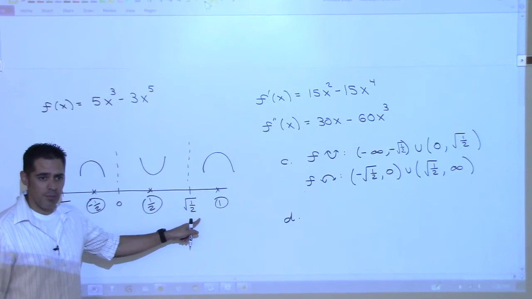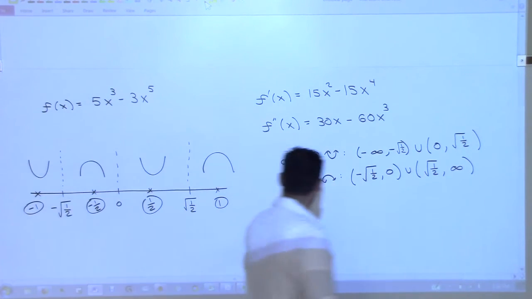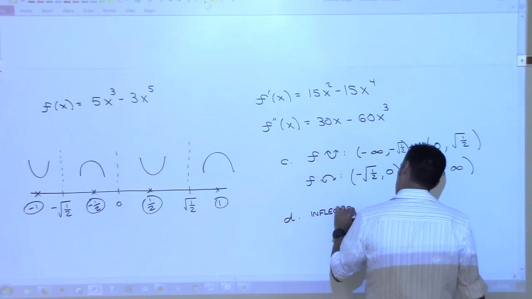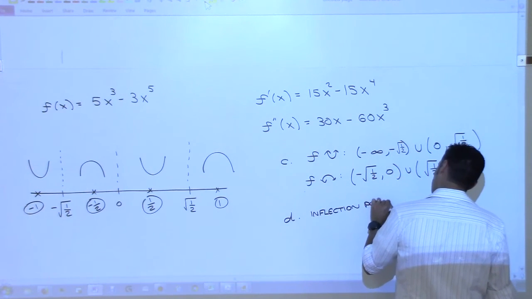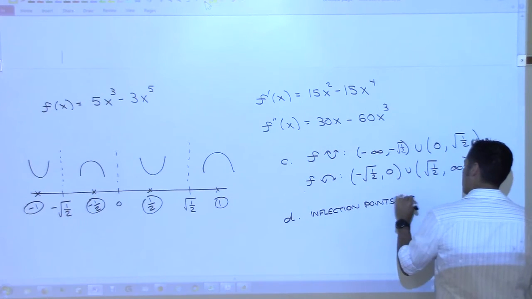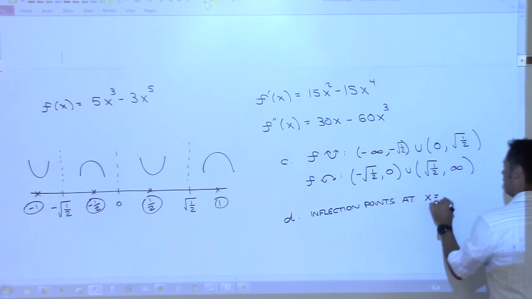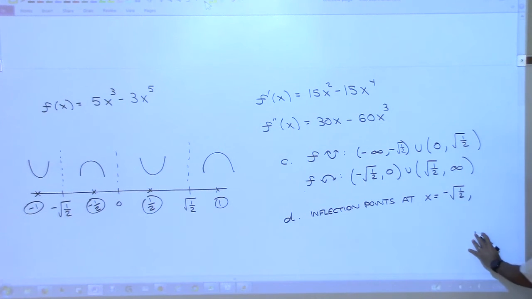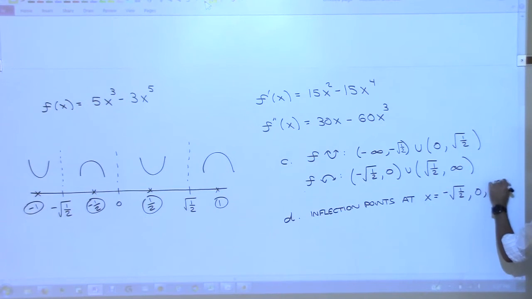We have 3 inflection points, at x equals negative root 1/2, and then at 0 and at root 1/2.